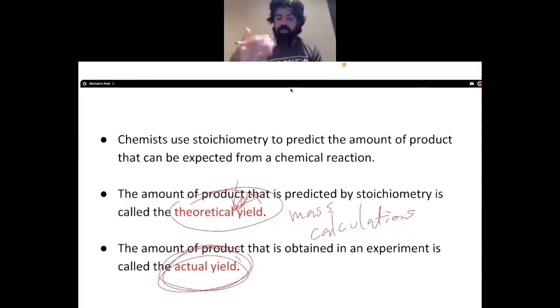In a lab scenario, you can compare the two, and what you want to see is how close what you calculate is to what you actually get.